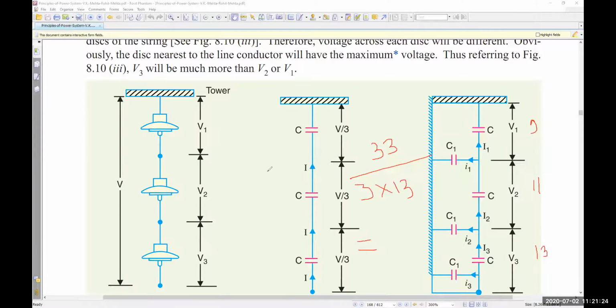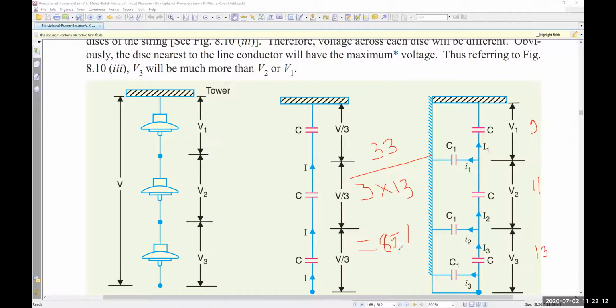This is 0.85, right? So 85%. So this is the efficiency.